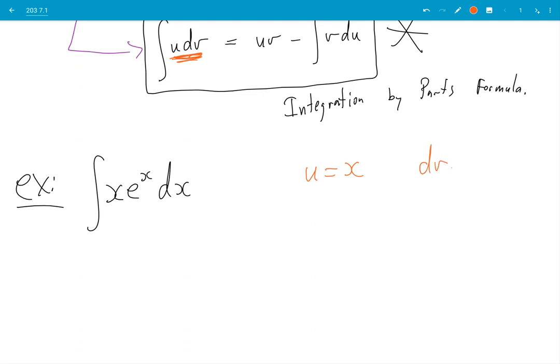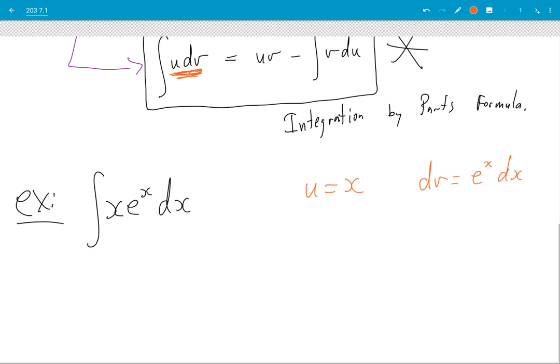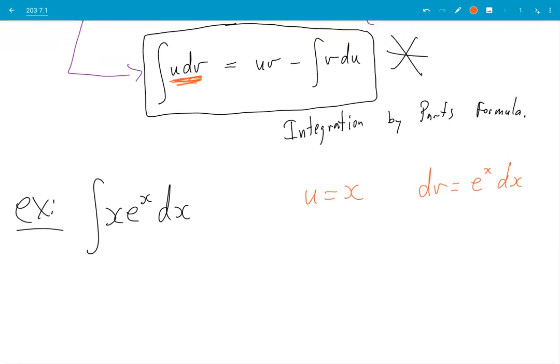And dv is whatever's left, e to the x dx in this case. Okay, so I have to check that u times dv does indeed equal this. If it doesn't, then I'm in trouble.